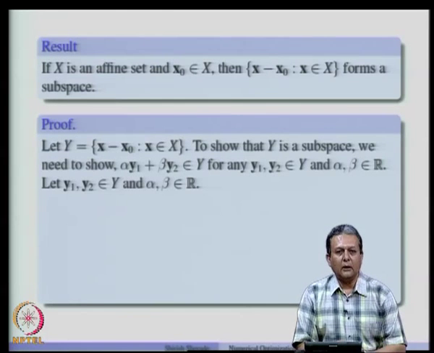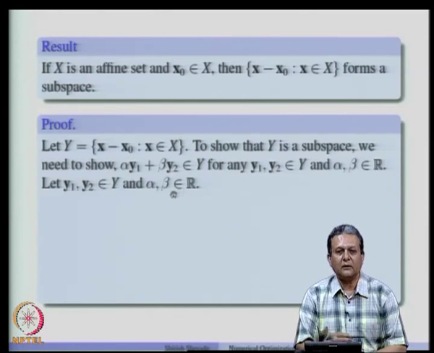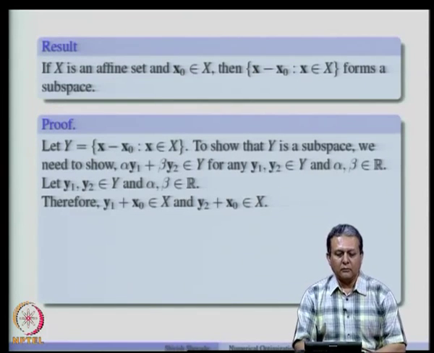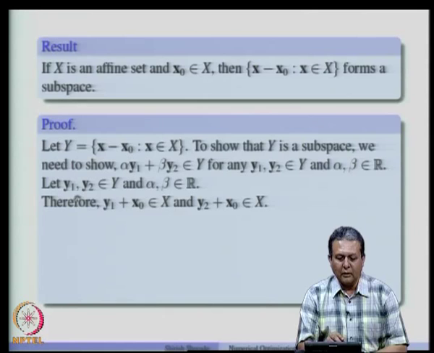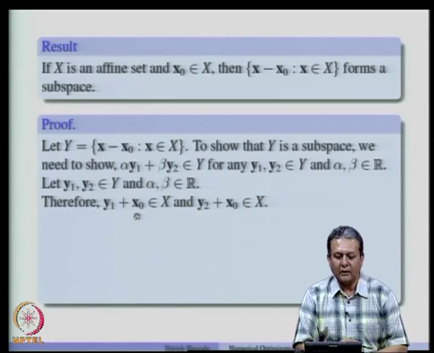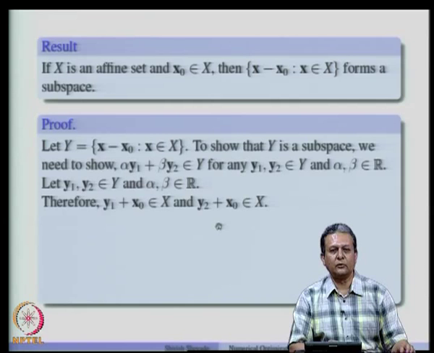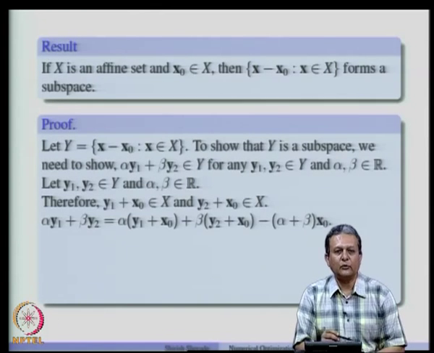Now, let us consider y1 and y2 which belong to the set Y, and let us consider two scalars which are real numbers, alpha and beta. Since y1 belongs to Y and x naught belongs to X, y1 plus x naught clearly belongs to X, and similarly y2 plus x naught belongs to X. Now, let us see what happens to alpha y1 plus beta y2.